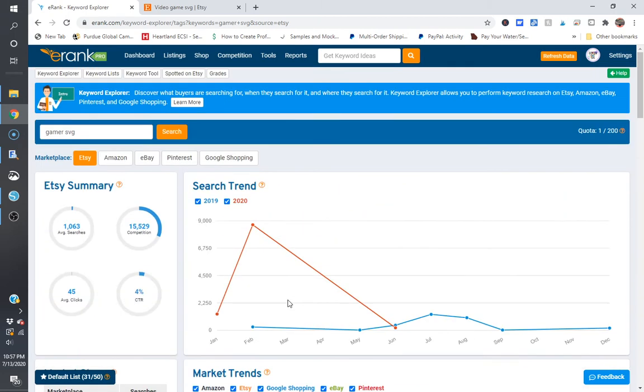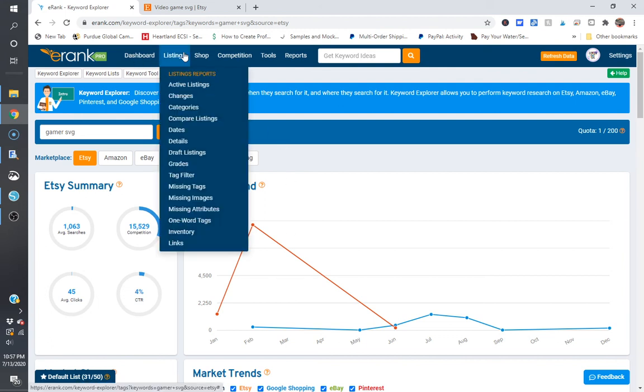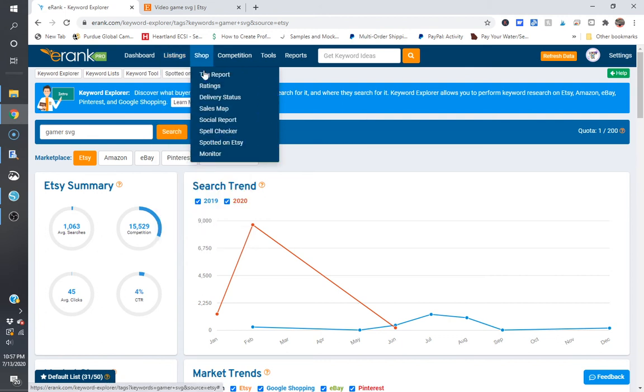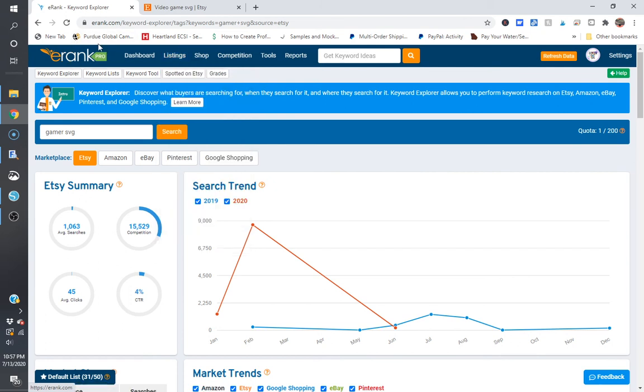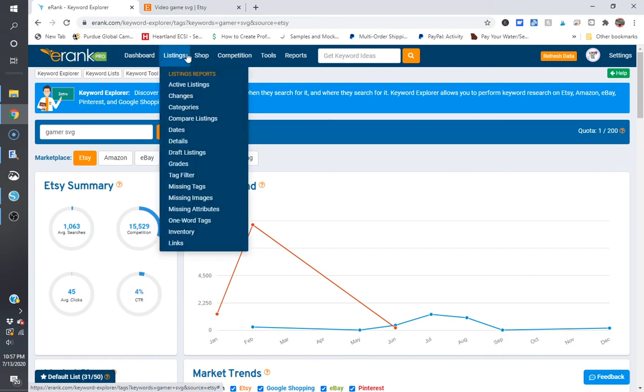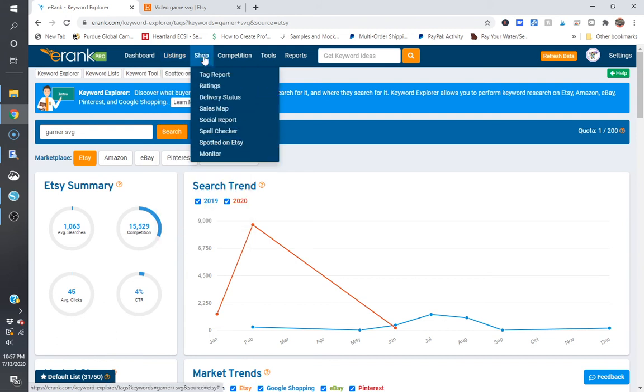So that's eRank in a nutshell for keywords, right? Because that's all we're talking about right now. eRank does have a lot of different features that you can get along with this. You can look at listing reports for all of your listings. And again, keep in mind, I have Pro, so if you're using the free version, anything with a little crown by it will be unlocked as you upgrade.